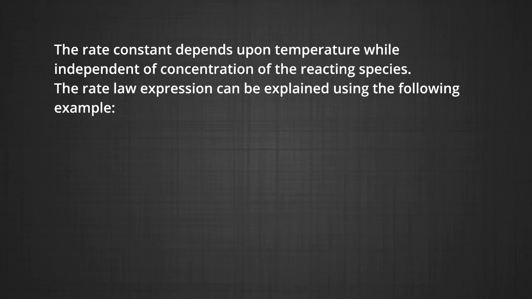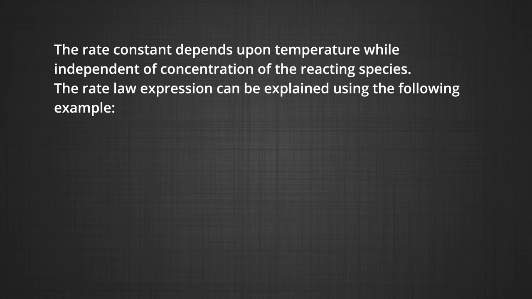Thus, the rate constant gives an idea about the speed of the reaction. That is, a reaction with a higher value of the rate constant proceeds at faster rate. The rate constant depends upon the temperature while independent of the concentration of the reacting species.